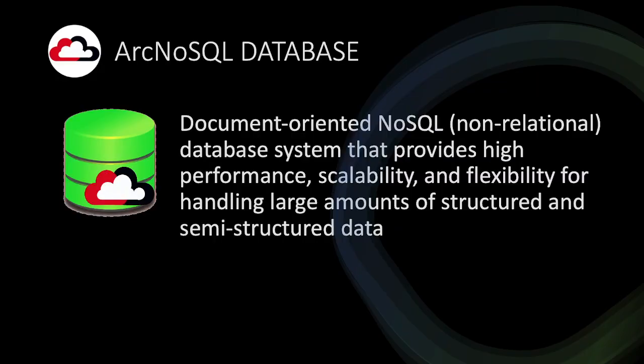So what is an ArcNoSQL database? ArcNoSQL database is a document-oriented NoSQL non-relational database system that provides high performance, scalability, and flexibility for handling large amounts of structured and semi-structured data.